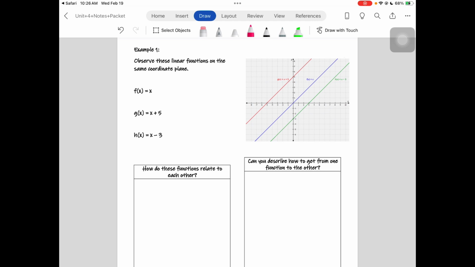All right, so it looks like to me that all lines have the same slope but have different intercepts.